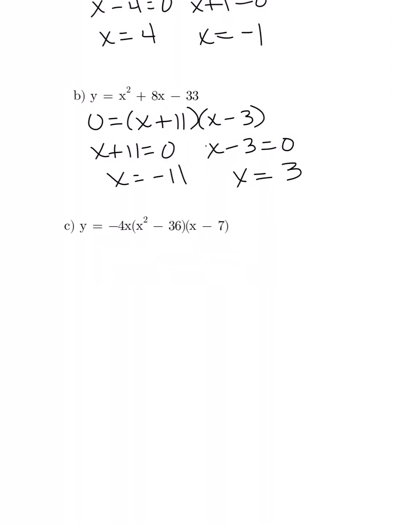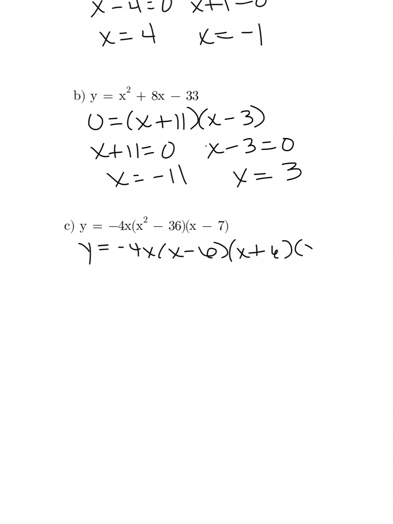On this example, we have y equals negative 4x times the quantity x squared minus 36 times the quantity x minus 7. We need to note that that first quantity of x squared minus 36 is a difference of squares. So the first thing that we have to do is factor that into x minus 6 times x plus 6.